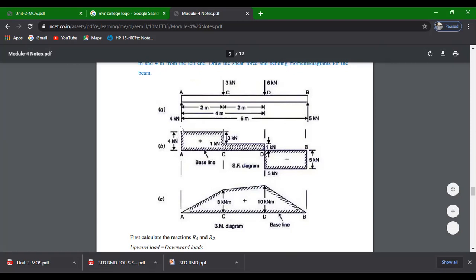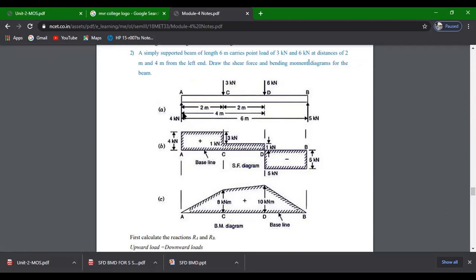Okay, and here at the point A, we have only the reaction force, and this reaction force will also be negative. Why? Because upward forces here. Whenever you're taking upward forces, the value will be negative, and the magnitude of this negative force is also 4 kilonewtons.